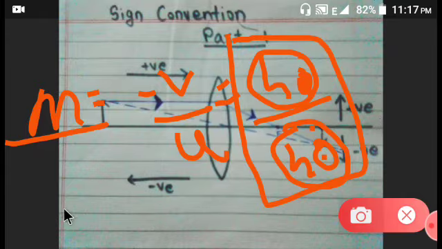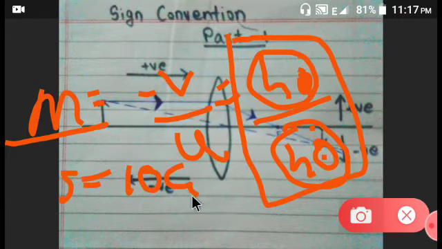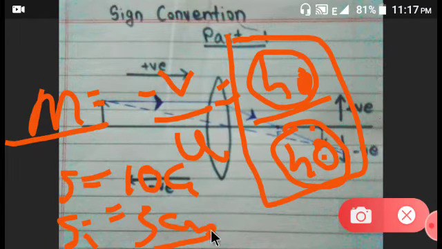Here they will simply give the size of the object is equal to 10 centimeter, and the size of the image is equal to 5 centimeter. What is the magnification, they will be asking, and they will mention that the image is a real image. So a real image is always formed in the downward direction from the principal axis. So according to sign convention, you need to take the size of the image as minus 5 centimeter.